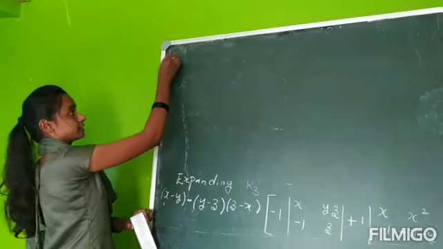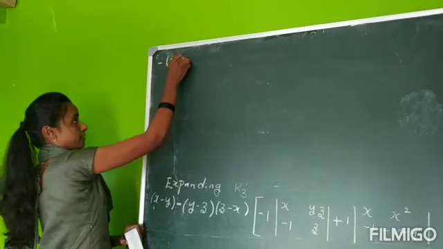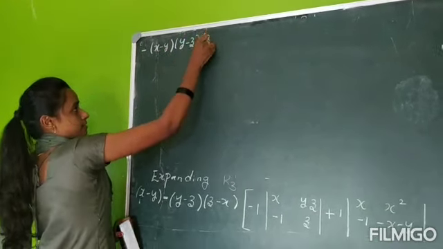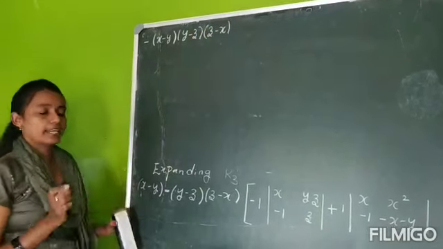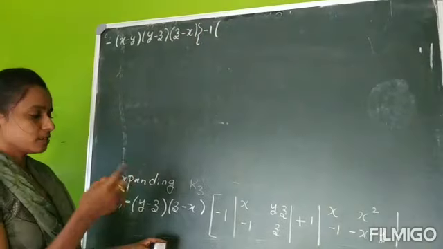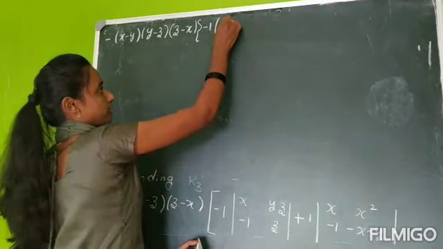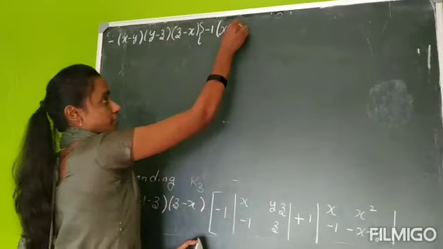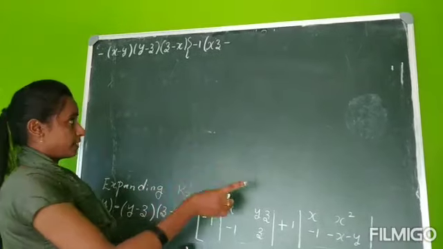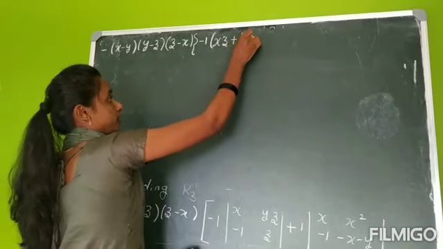Here is minus, this is a minus, so x minus y, next y minus z, next z minus x. Now simplifying this, the first determinant: x into z is xz, in between you take a minus, so minus 1 into yz is minus yz. It's already minus there, so minus into minus gives plus yz.